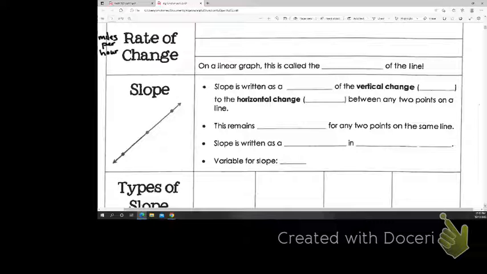So the rate of change describes the change in one quantity compared to the change in the other.